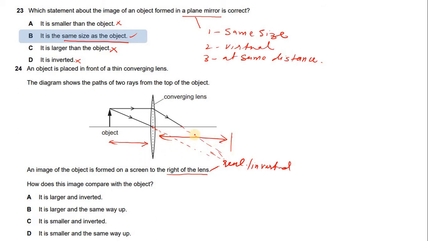So this distance is large. That means this image will be larger, a larger and inverted image. So the option for 24 is A. If the image is closer compared to the object distance, then it will be a smaller image.